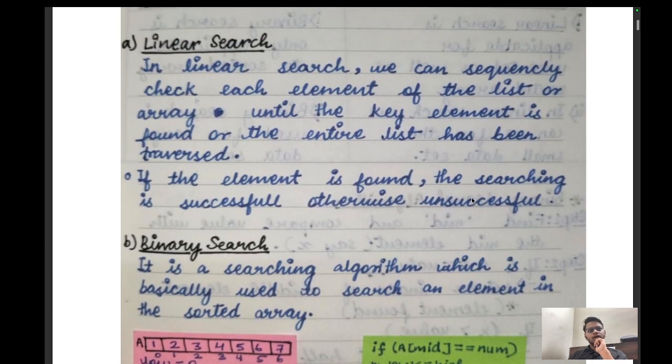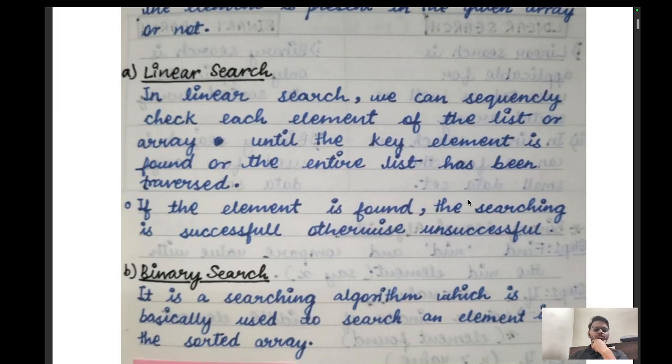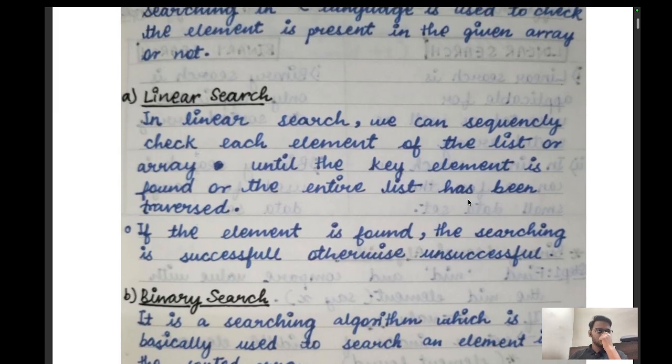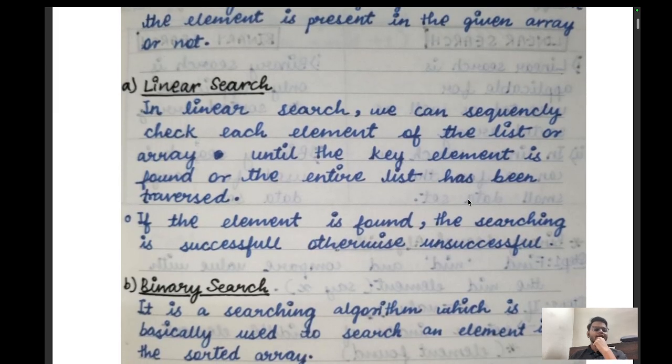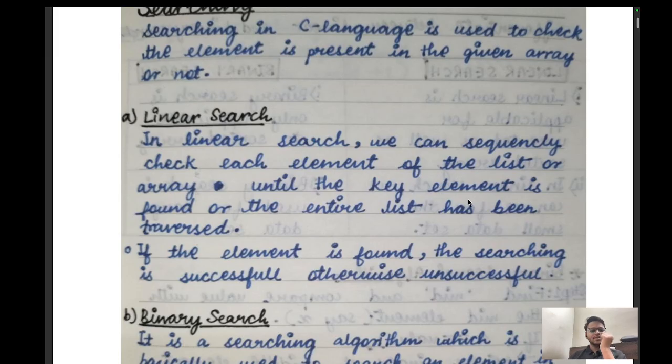For sorting, we have been given different things. For sorting, there are almost 9 to 10 logics and techniques. But for searching, it is very easy, and you can get it easily in around half an hour.